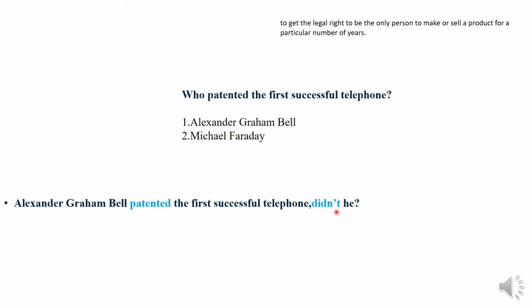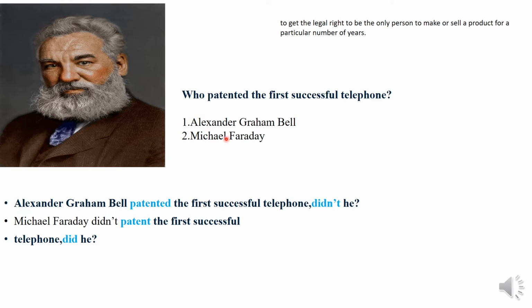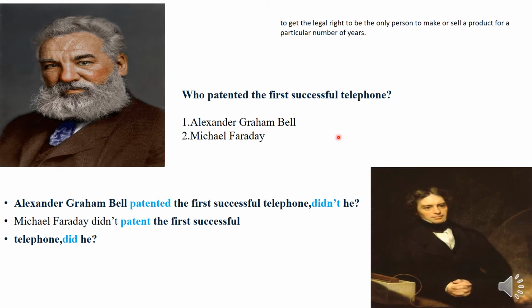Did he? Or you can say it another way. Michael Faraday didn't patent the first successful telephone, did he? This is the picture of Alexander Graham Bell, and this is the picture of Michael Faraday.